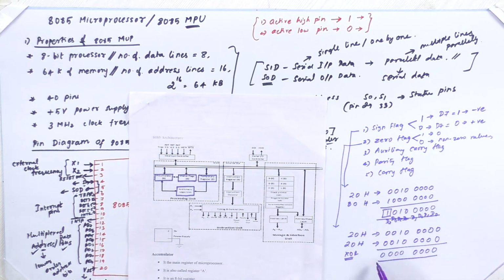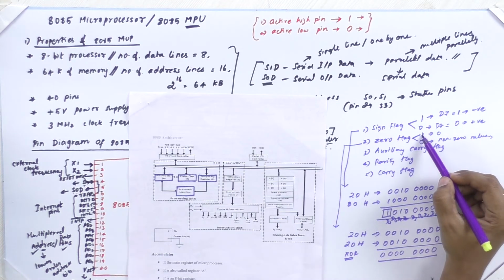If we get result like this, all zeros, then the zero flag will be set to 1.